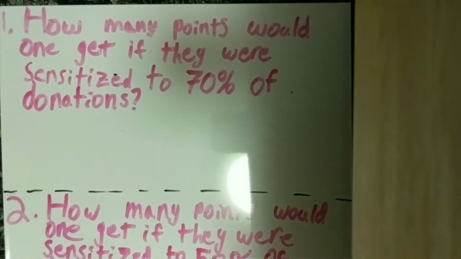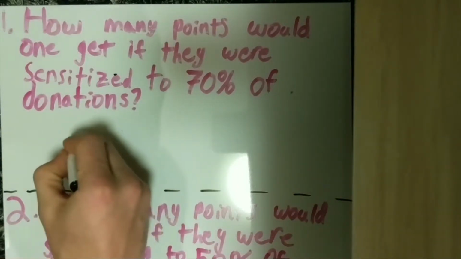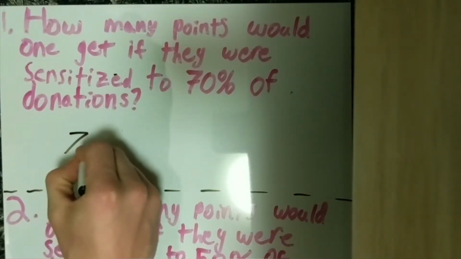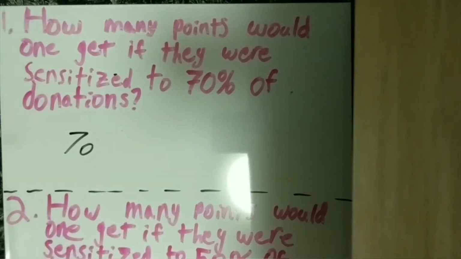Now looking at some practice problems, let's look at number 1. How many points would one get if they were sensitized to 70% of donations? Remember, for every 10% of the population that the recipient is sensitized against, they get 1 point. So in this situation, this person is sensitized to 70%.